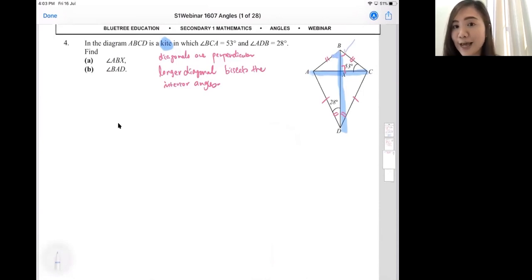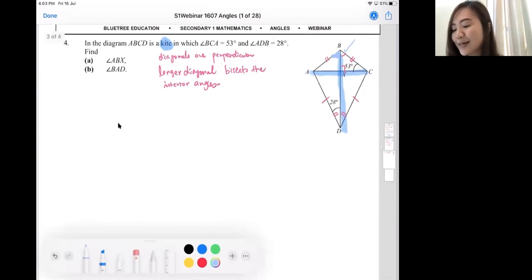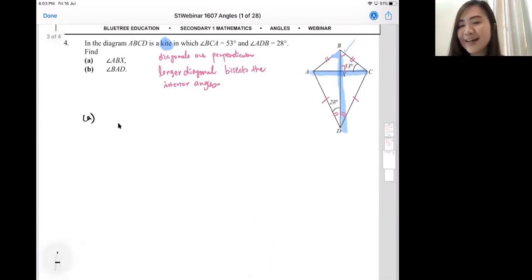To do that, you just take 180 minus 90 minus 53. But before that, it's not so direct. You have to state all the properties involved. I know it's a little cumbersome. Some students say there are a lot of things to write, but yes, you have to.